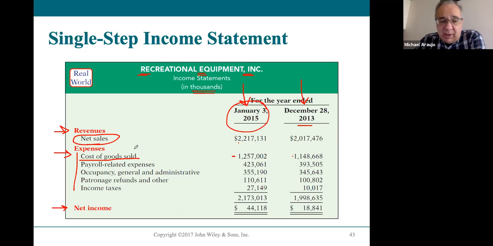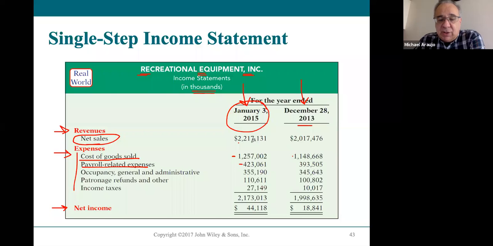You would think, well, maybe it's labor. Well, in the service business, it's labor. Labor is the number one expense that service companies have, but not merchandising companies. Their biggest expense is cost of goods sold, which is selling their goods to you. The second is the labor costs.